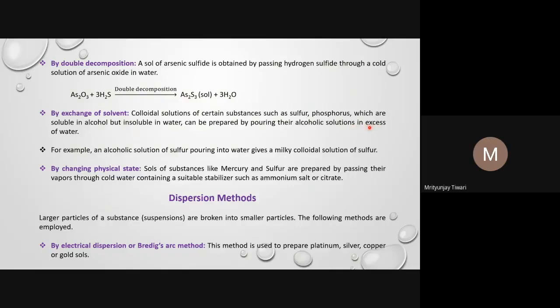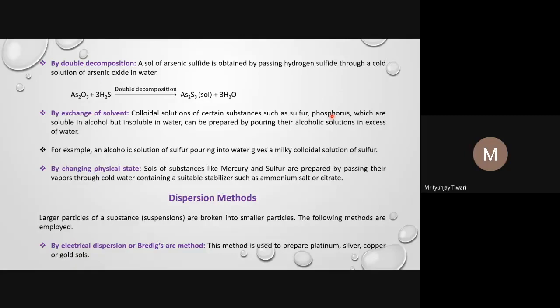So sulfur and phosphorus are dissolved in alcohol, so all the atoms are separated out, meaning the molecules of the sulfur and phosphorus are separated out. Maybe P4 molecules and S8 molecules will be separated out in the alcohol, and that is why they are dissolved in alcohol.